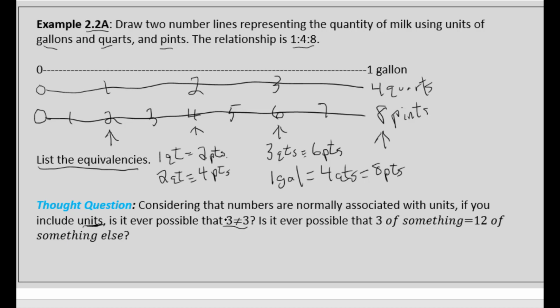Well, sure. 3 gallons, just from this example, does not equal 3 quarts. I'll just put that here. 3 gallons does not equal 3 quarts. Or I could say 3 dollar bills does not equal 3 quarters.